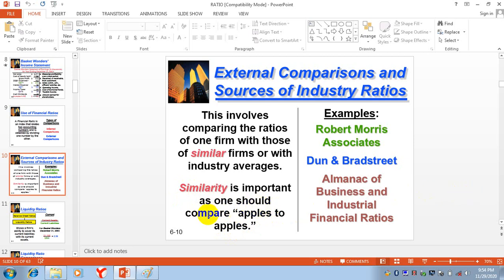You can't compare yourself with a hospital. So you have to compare your performance with similar companies or with the industry in which you are working. Means apples to apples, comparing the performance of your company with similar companies.